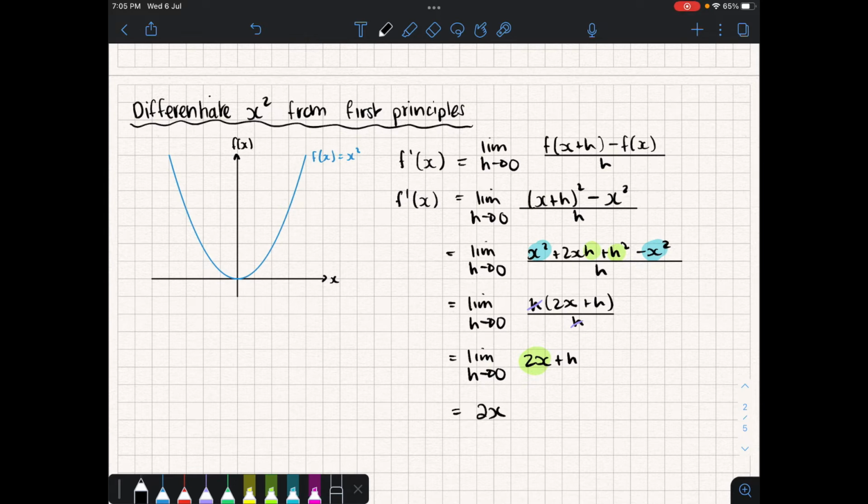As h approaches 0, what happens to h? Well, as h approaches 0, then h becomes 0. And so now we've assessed our limit, and we can stop writing this limit as h approaches 0. Okay? And we are finally left with our gradient function, which is f dash x is equal to 2x. And so that's how we differentiate x squared from first principles.